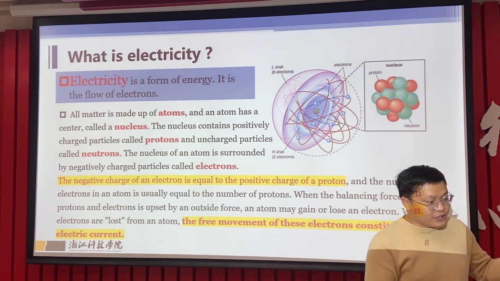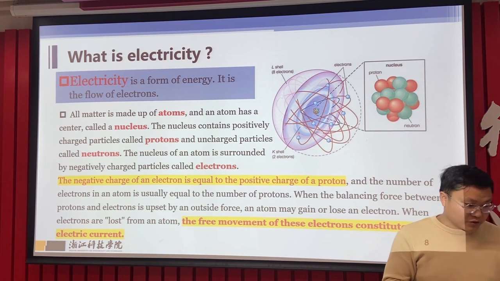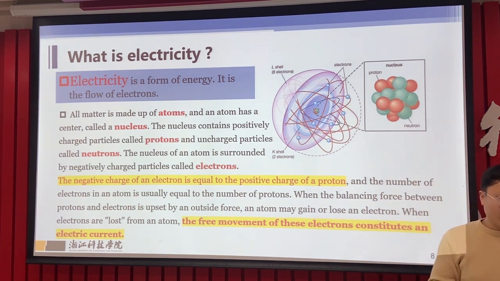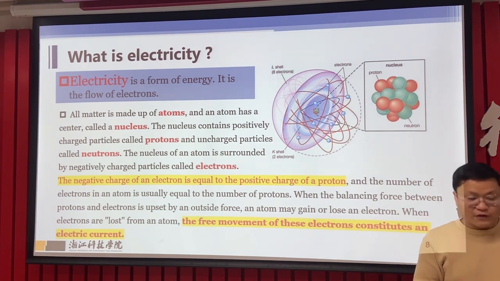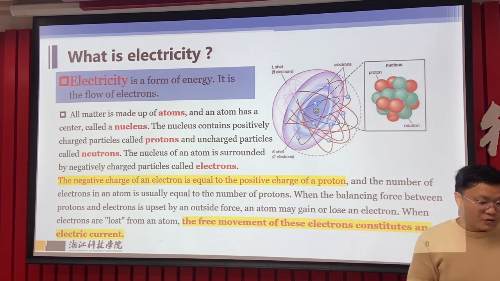The nucleus of an atom is surrounded by negatively charged particles called electrons. The negative charge of an electron is equal to the positive charge of a proton, and the number of electrons in an atom is usually equal to the number of protons.